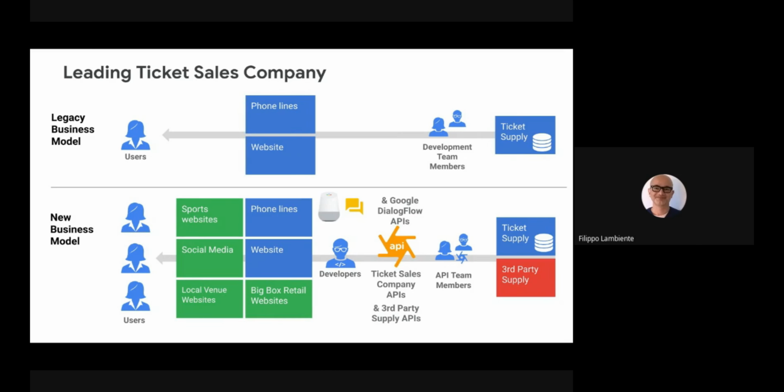Also, this customer was able to scale because in order to onboard a new channel or a new third-party supply, they don't need an ad hoc integration project. The third party just subscribes in a self-service fashion to the APIs published on the developer portal of this company.